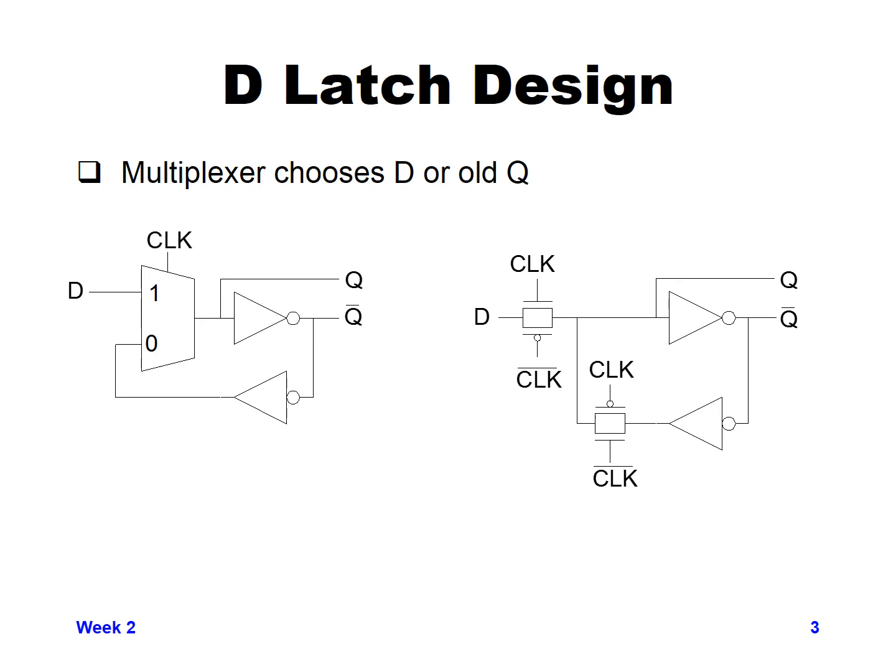On the left-hand side, we can take a 2-to-1 mux and have the output of that mux become Q. Then we can create a buffered version of Q, Q bar, and then another inverter to create Q again, a buffered version of Q that feeds back into the 2-to-1 mux.